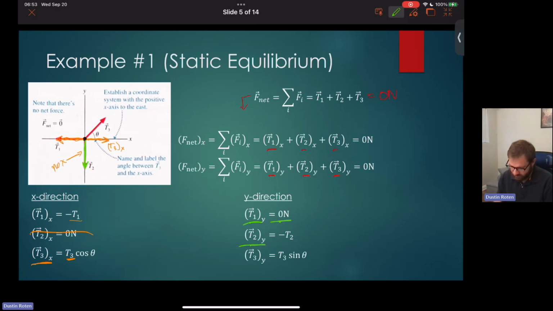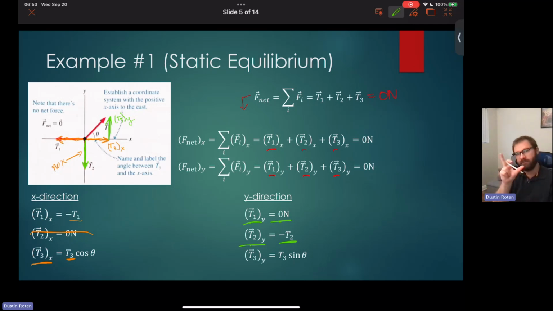So our y component of T2 is just the negative magnitude. We already know the magnitude because it tells us, so we can plug that in later. Now, here's where it does get a little tricky. We want the y component only of the third tension.